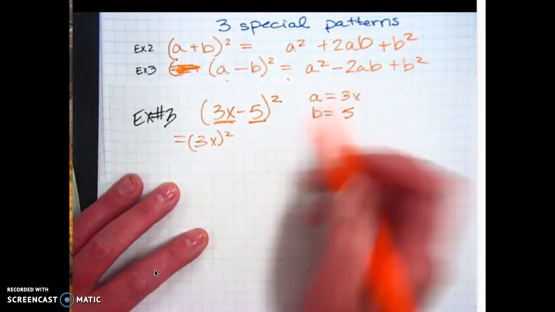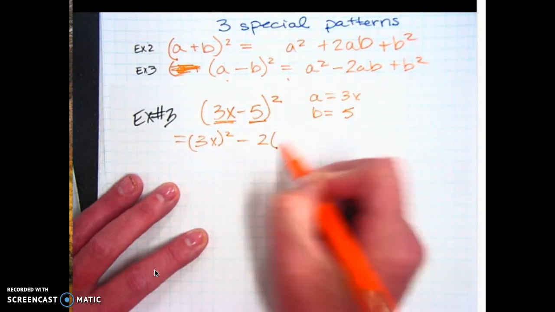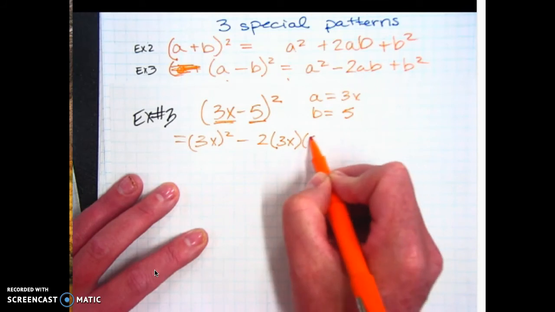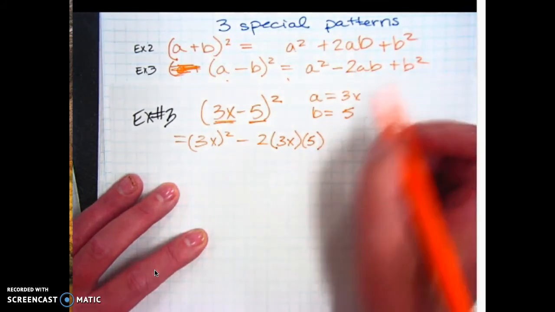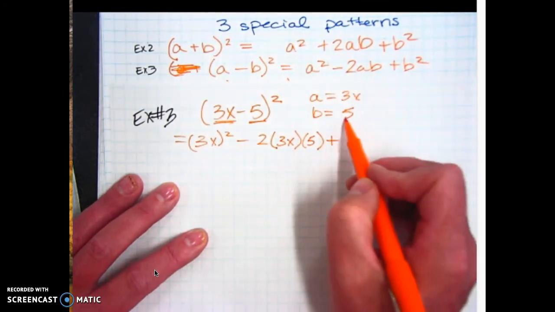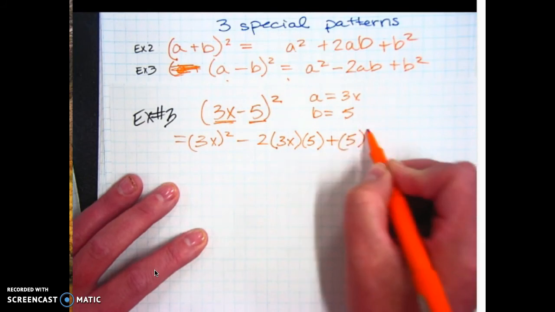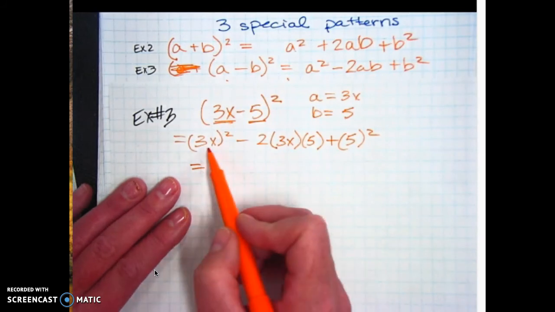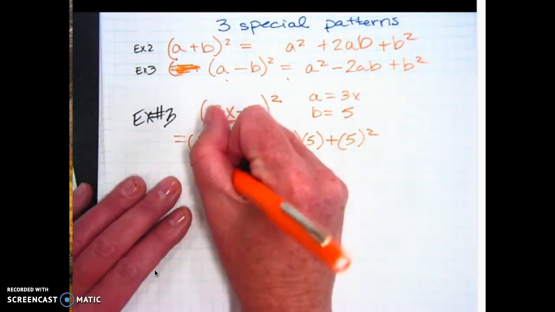Then you should have minus 2ab. So minus 2 times A, which is 3x, and B, which is 5, plus the B squared. So 5 squared. Then just simplify. So 3x squared is 3x times 3x, which is 9x squared.